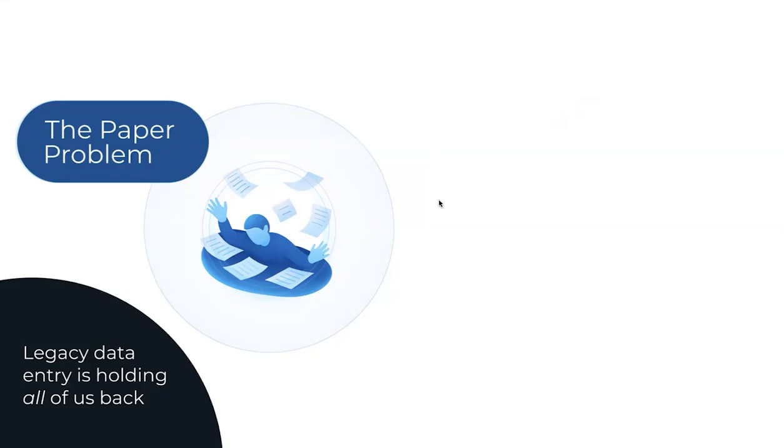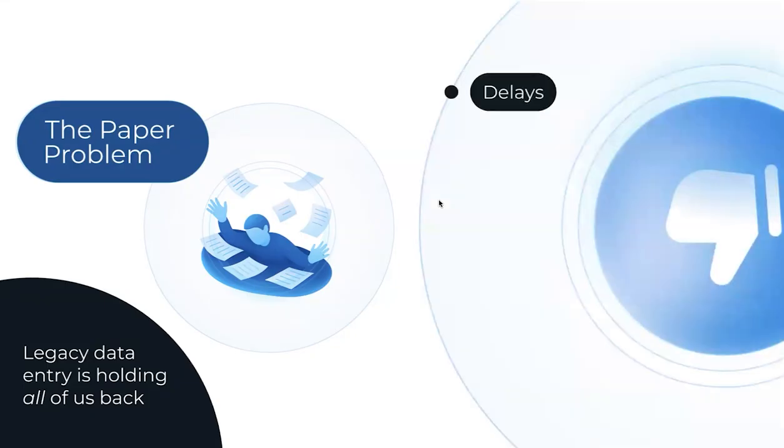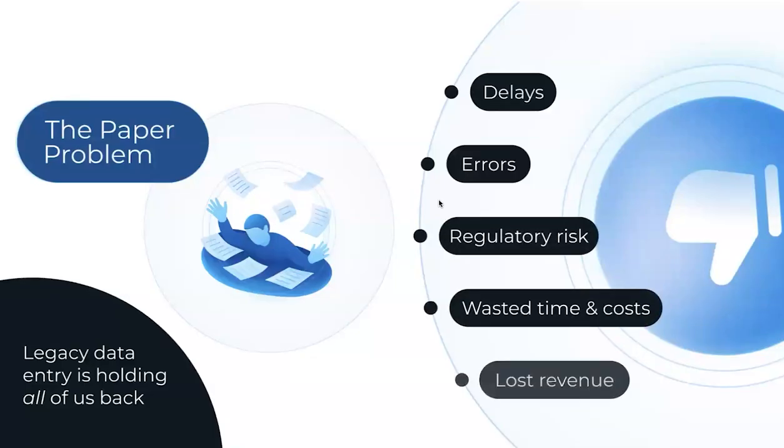We also have financial services, insurance, even education, that has been drowning in paper, which causes a lot of delays. We have a lot of errors, so manual data entry tasks usually take time, and that typically delays even clinical submissions or regulatory submissions, or even patient applications that you have to process within a day or two.